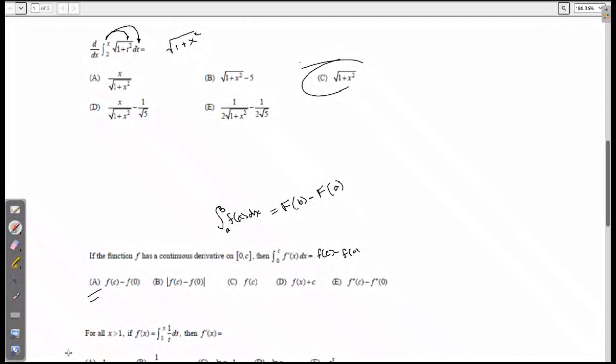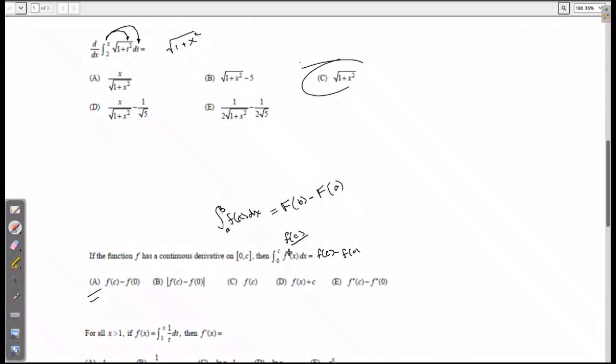So it's not really a fundamental theorem of calculus problem, because they're not saying what is f of c. If they were asking for f of c, then that would be our fundamental theorem of calculus problem.